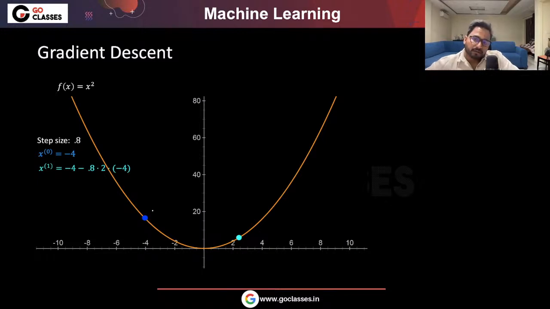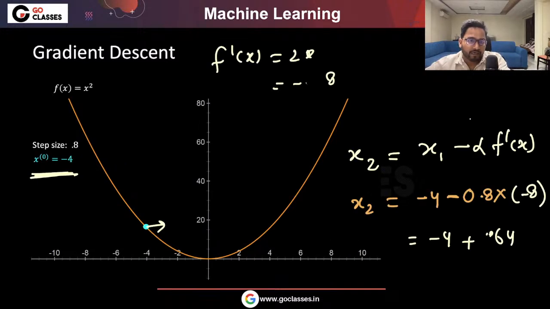Now basically, let's just see what is happening: we are adding, and then the new value of x1 is coming out to be minus 4. This is 2 into minus 4. Why? What is this 2? We are getting minus 4 into alpha, which is 0.8, into minus 8.